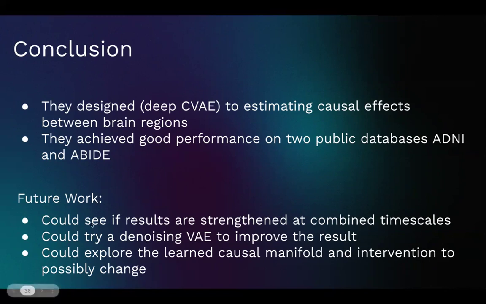Future work, maybe they could see if the results are strengthened at combined time scale. They could try using a denoising variational autoencoder to improve the result. And they could explore the learned causal manifold and maybe some kind of intervention tasks to possibly change the outcome of certain results.